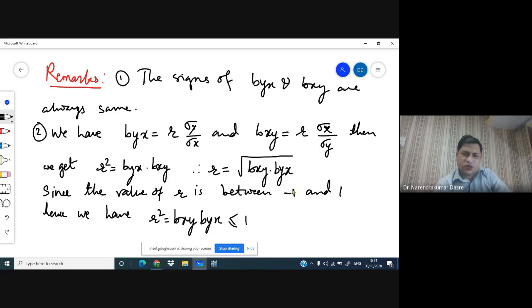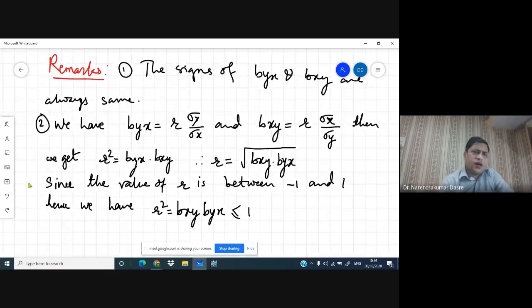The square of this will also be at most 1, so overall the square will be less than or equal to 1. The product of these two is going to be a positive quantity, which happens if both have the same sign, as we wrote in the first remark. The signs of byx and bxy are always same, so either both will be positive or both will be negative.